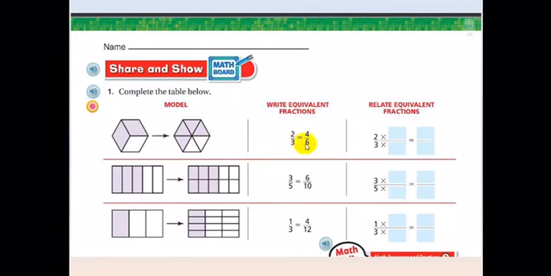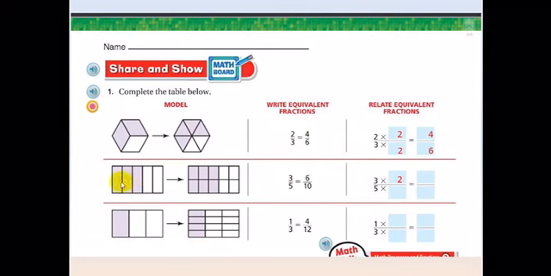Here 3 times 2 it will be 6. We should do times 2 in the top. 2 over 2. It will be 2 times 2 is 4, and 3 times 2 is 6. Here, 2 over 2 gives me 4 over 6.